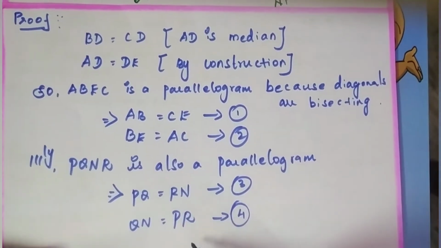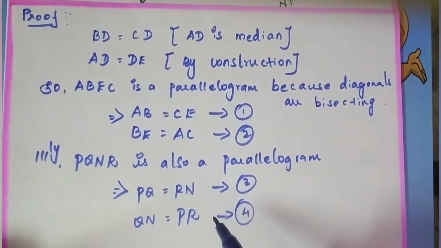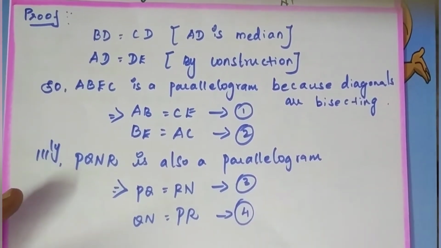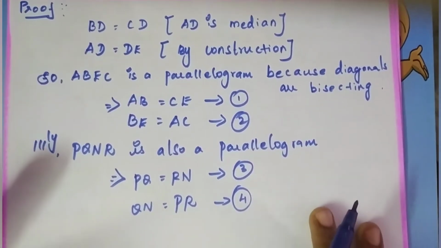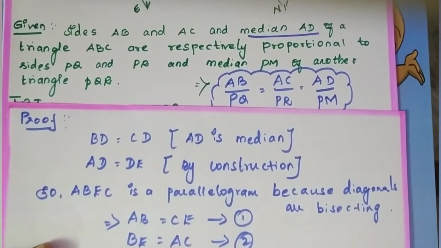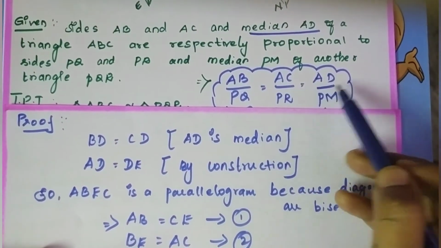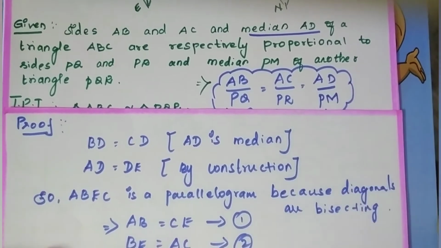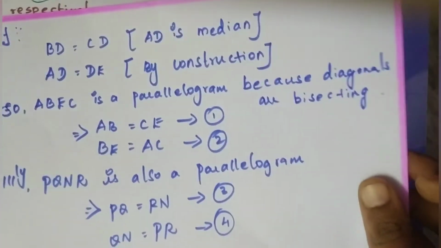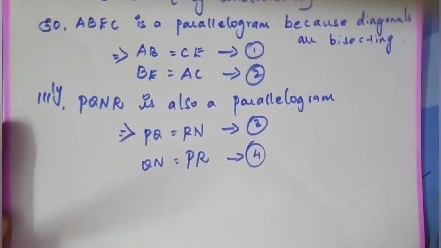Clear? Okay. And then what we have to take is from the given. From the given, I'm going to take that AB divided by PQ is equal to AC divided by PR is equal to AD divided by PM. That I'm going to take now.